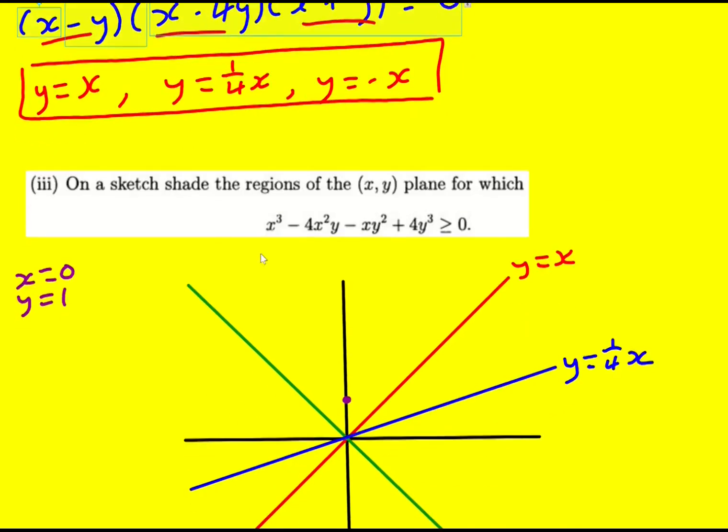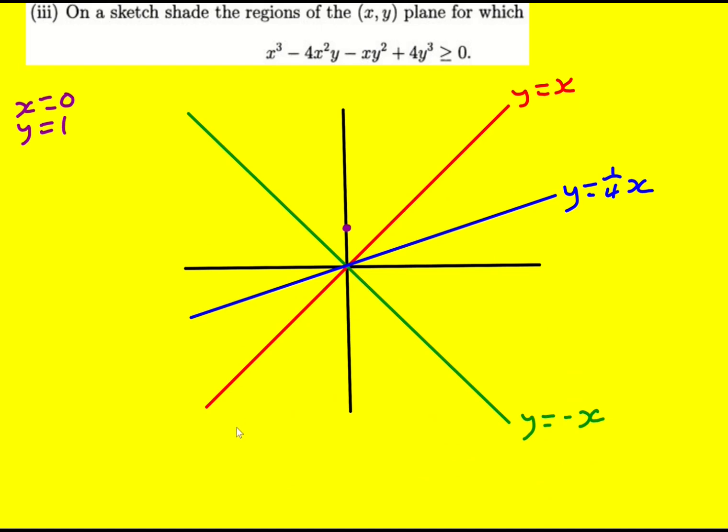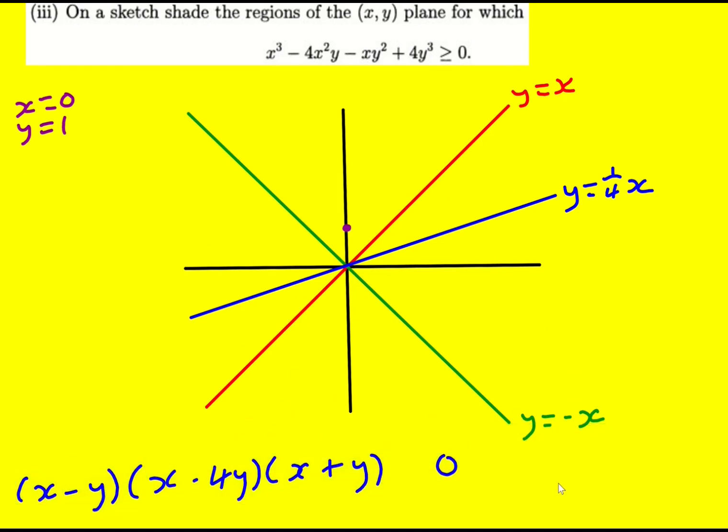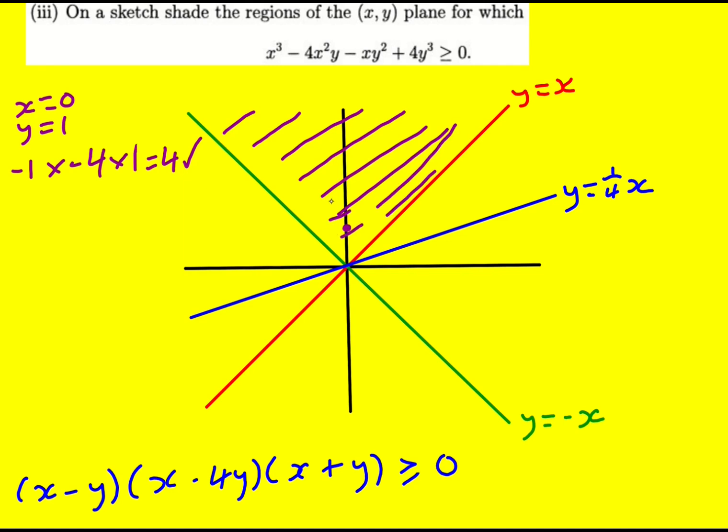It's going to be easier to substitute into. So I'm going to get 0 minus 1 times 0 minus 4 times 0 plus 1. So I'm going to get 4, which means that that point is in the region, and it must be that all of this is in the region.